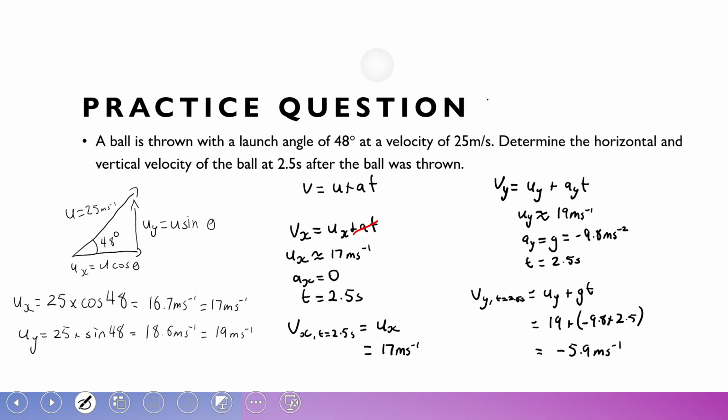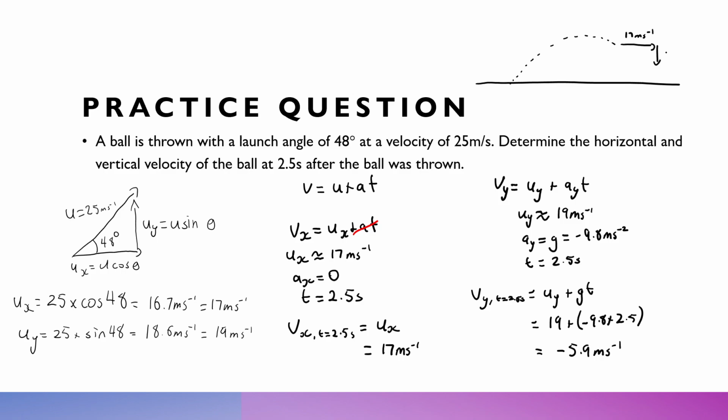Now, given the velocities that we have, what we should be able to assume is that after 2.5 seconds, the ball is somewhere roughly here in its trajectory. Because what we've been told is that Vx continues to be about 17 meters per second, and that Vy is in the negative direction, which reflects the ball going downwards and is approximately equal to negative 5.9 meters per second.